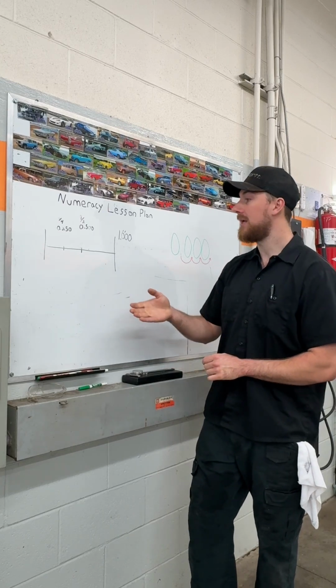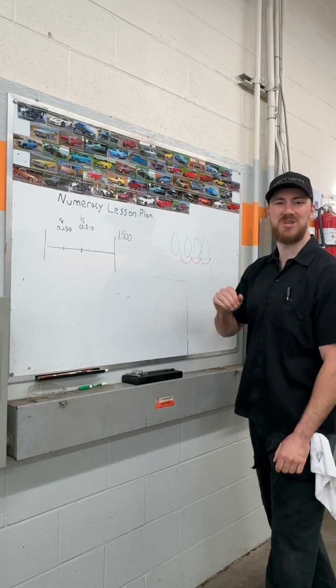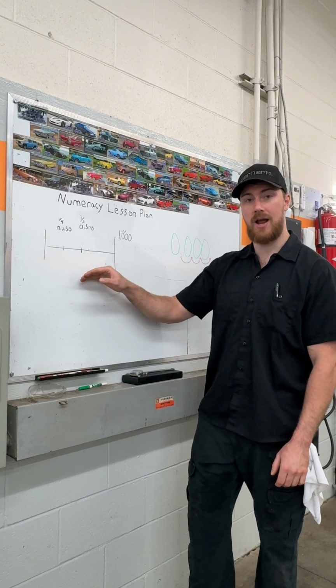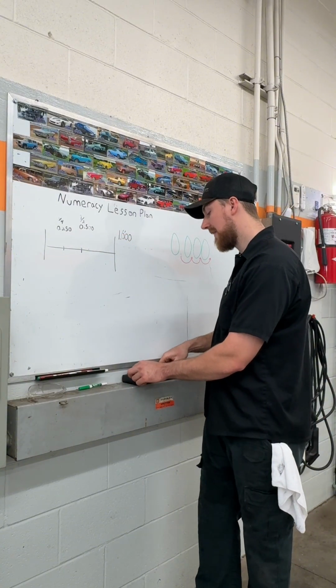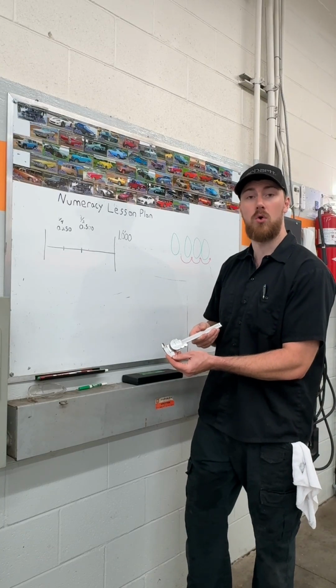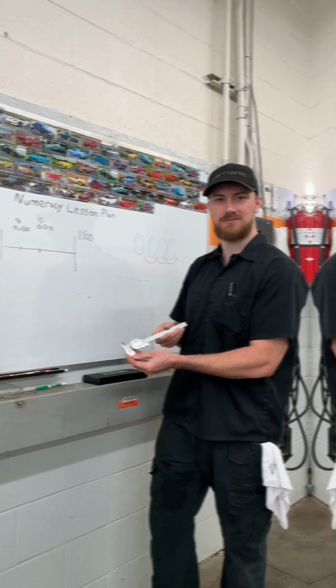So following an explanation of the Dewey Decimal System, following an explanation of different terminology, decimals, and fractions, we move on to the demonstration of the vernier caliper tool, which is the end goal learning outcome of this class.